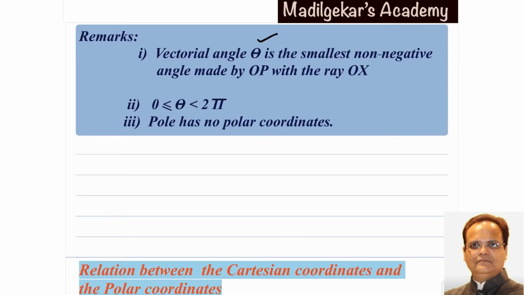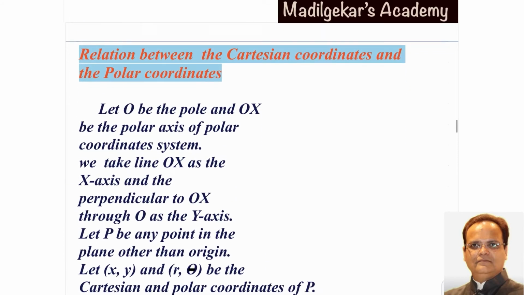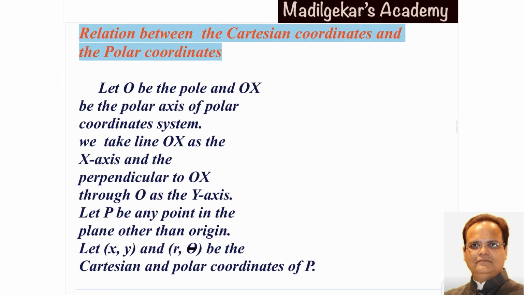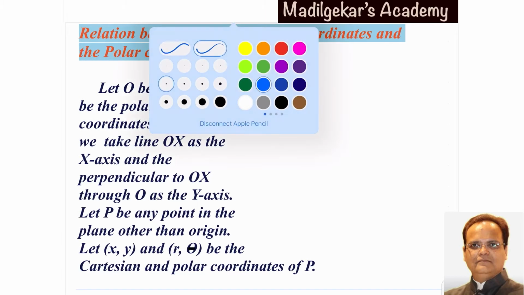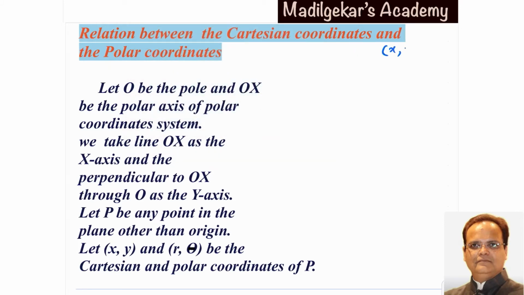Now let's switch to the relation between the Cartesian coordinates and the polar coordinates. Cartesian coordinates means x comma y. Polar coordinates means r comma theta. Consider the x-axis and y-axis. Let this be the origin.